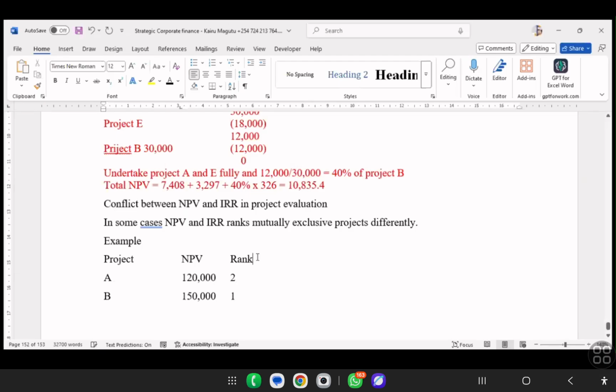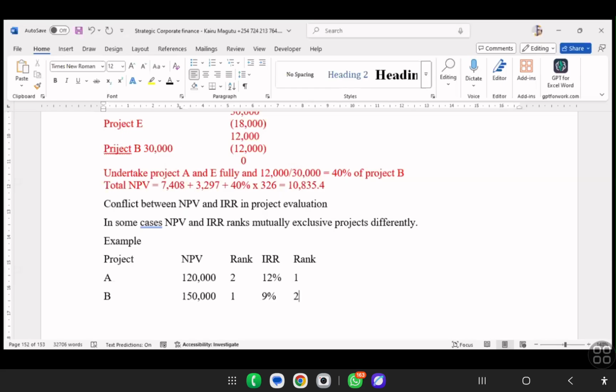But now, when you compute the IRR, maybe you find that the IRR for this one is 12%, while the IRR for this one is 9%. So when you rank using the IRR, you will rank this one as project 1 and this one as project 2.